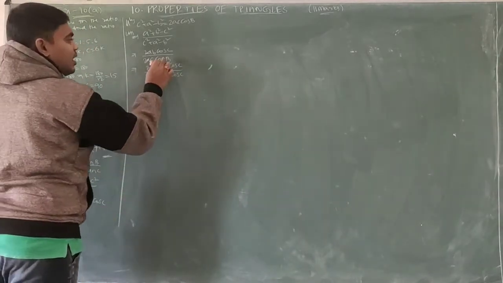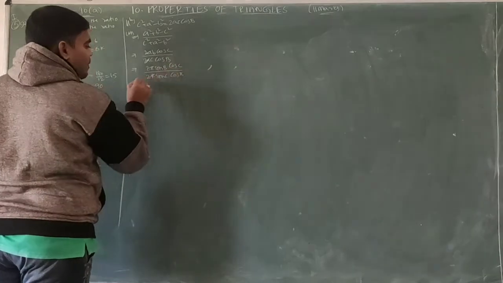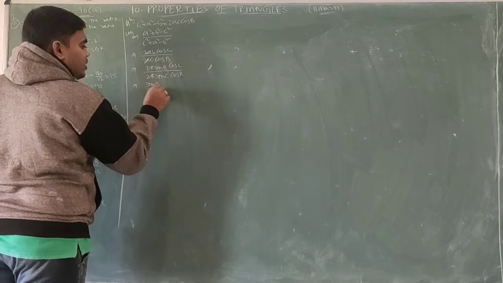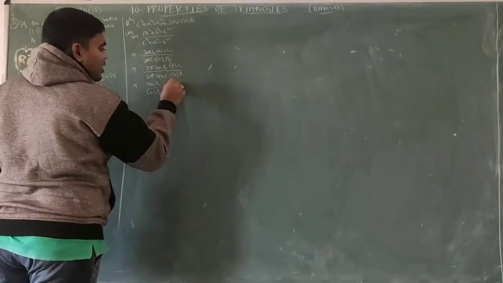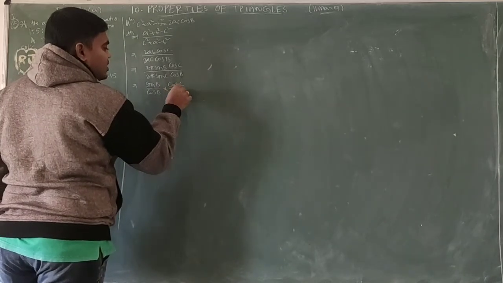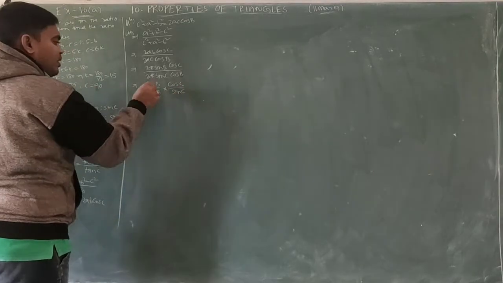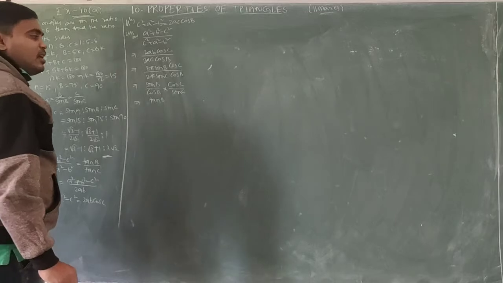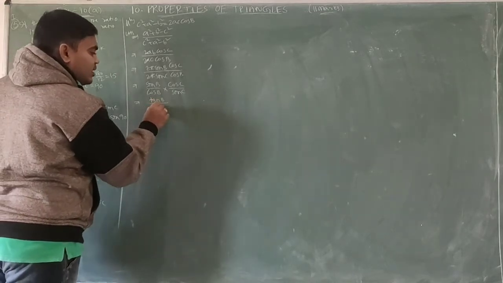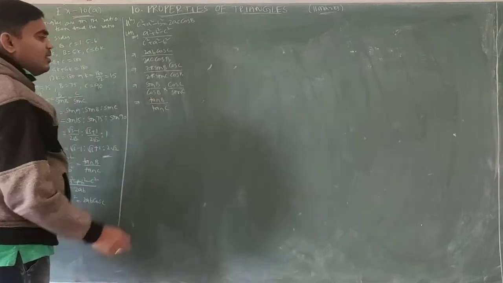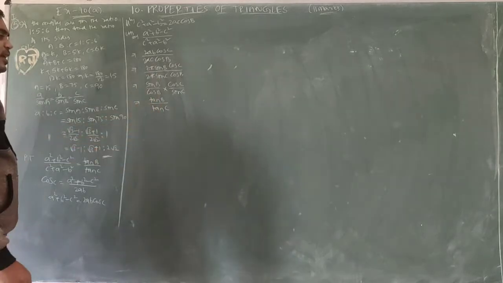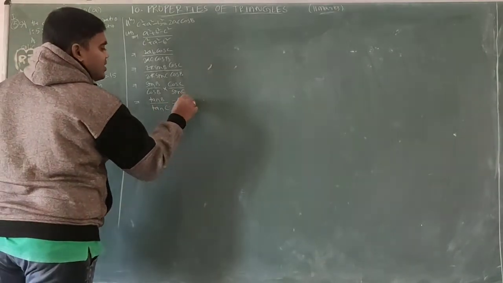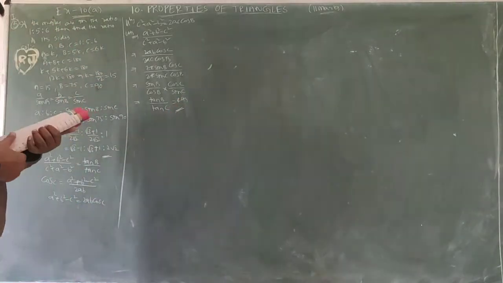So it is sin B cos C by cos B sin C. Sin B by cos B is tan B. Cos C by sin C is cot C. If we write cot C in the denominator as tan C, we get tan B by tan C. This is equal to RHS. Hence it is proved.